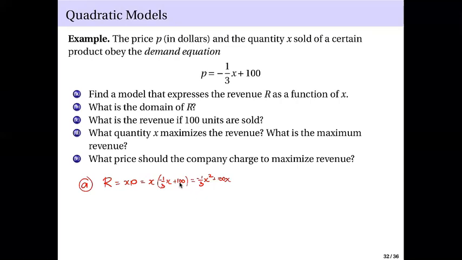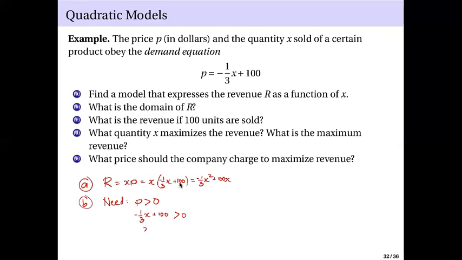To answer letter B, we need your P to be greater than 0. The price must be positive. So you have negative 1/3 x plus 100 greater than 0.